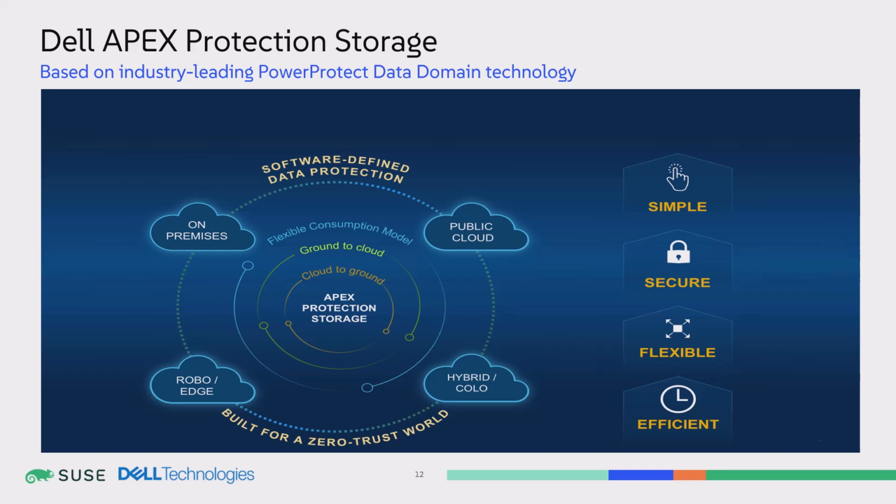Based on PowerProtect Data Domain, the number one purpose-built backup appliance, you get industry-leading deduplication, scalability, reliability, performance, and unparalleled data integrity to help ensure reliable recovery, all while supporting a broad ecosystem of backup and archive applications. Deploy Dell Apex Protection Storage in public cloud to protect your cloud-native workloads and on-premises to cost-effectively protect on-site applications.